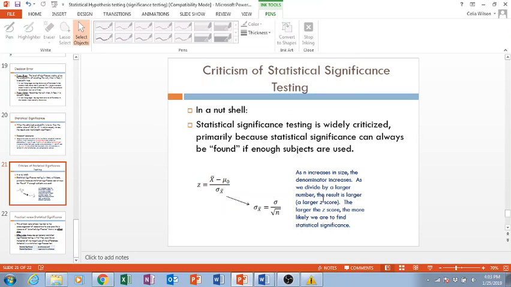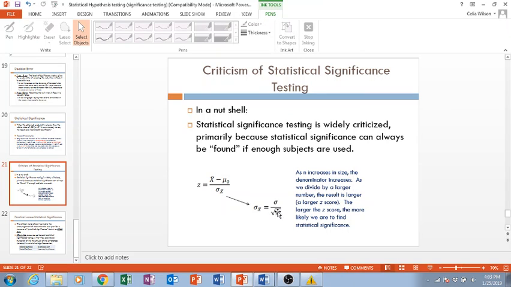Think about a pizza. This is how I like to remember how this works. If I divide a pizza into more slices, then I am going to have smaller slices, right? But I'm going to have more of them.